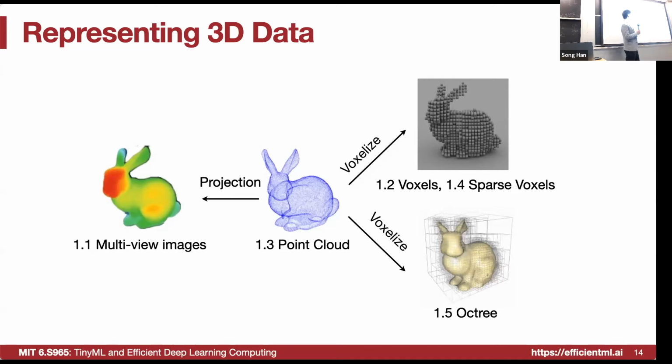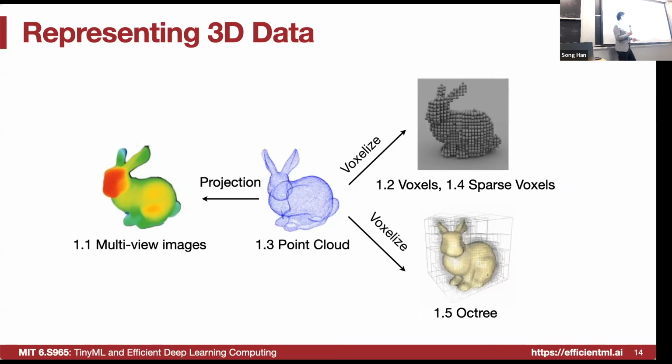That's the first part. Second, we'll talk about the voxel representation, where we quantize the space into different chunks. We can also use sparse voxels, since in most places there's no voxel at all. There's also the direct point cloud representation, with X, Y, Z in the feature.